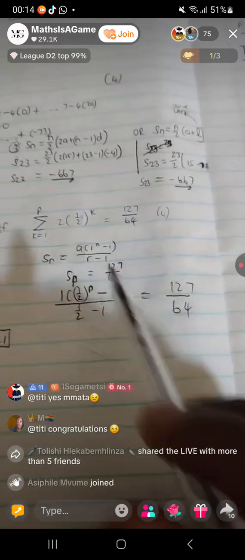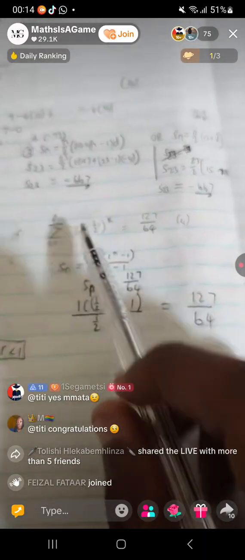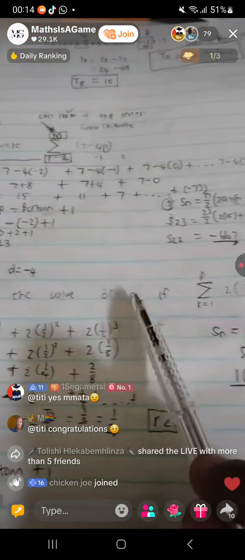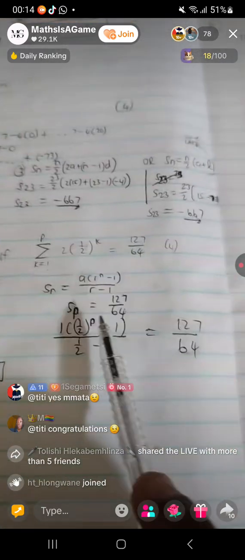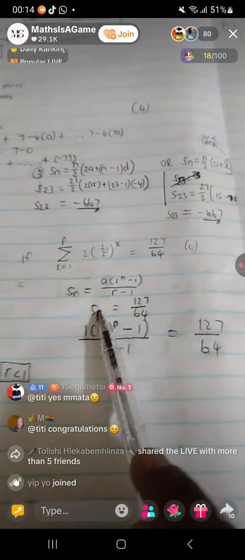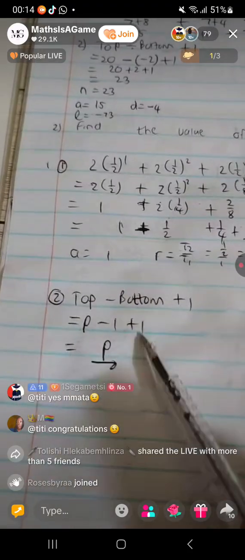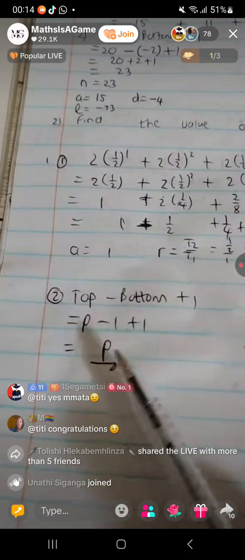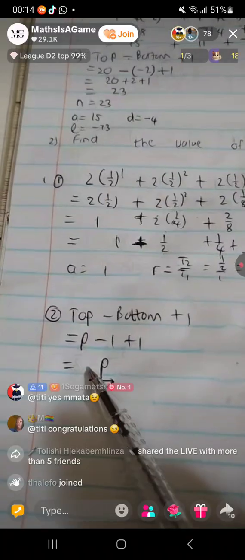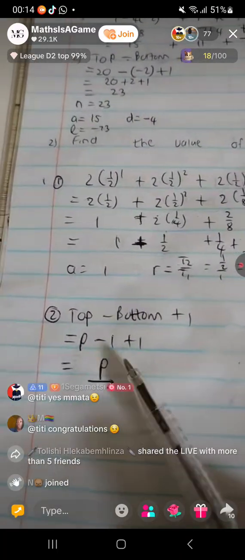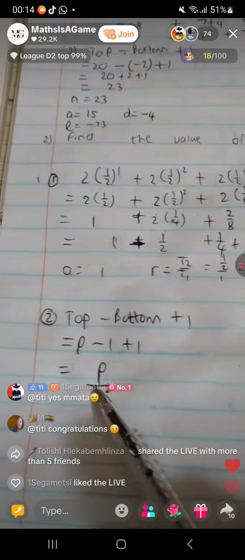All right, we want the value of p because they said find the value of p, so p is our obsession. And of course we said top minus bottom plus 1 so that we could establish the number of terms, and it's the sum of p terms.